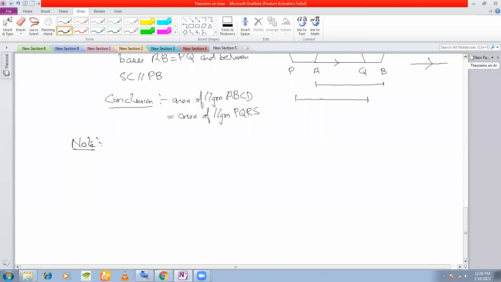Suppose I give you this figure. ABCD is a parallelogram.